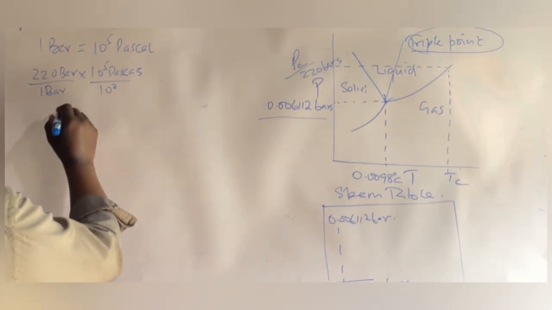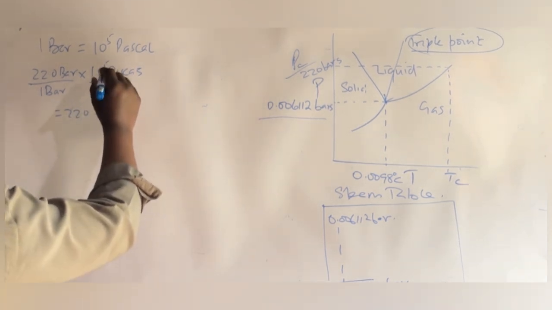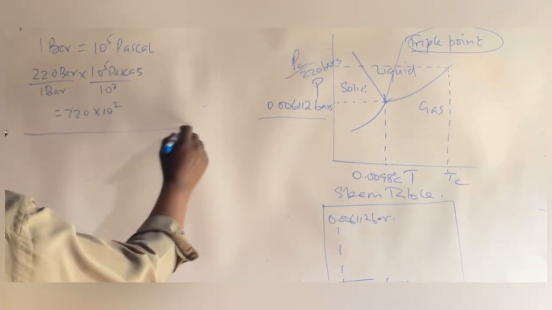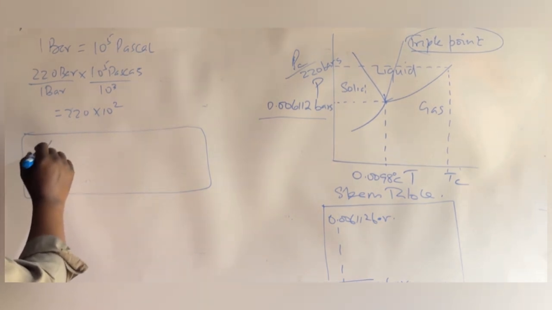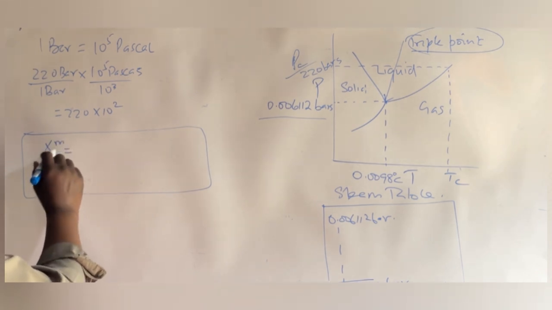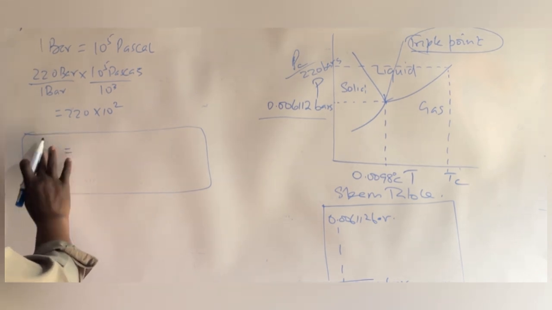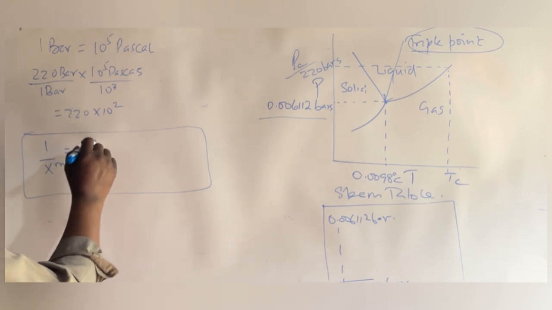We are using the identity of the exponent, where 1 over x to the power m is x to the power minus m.